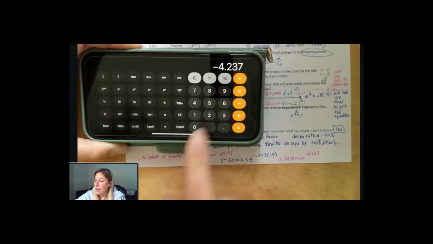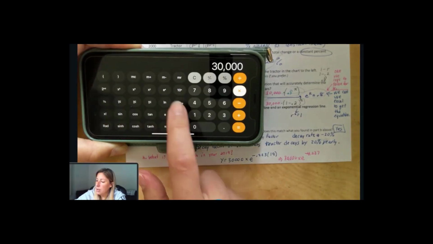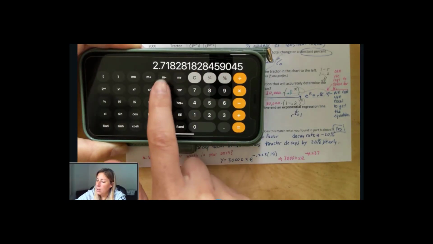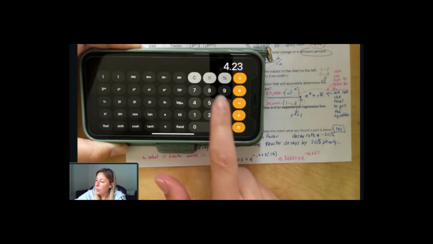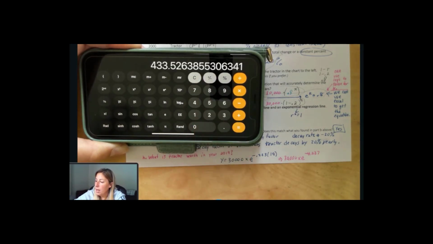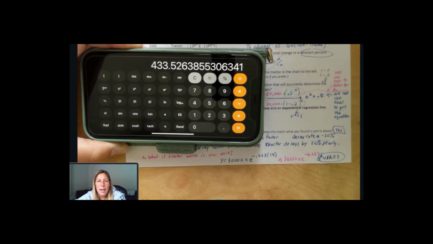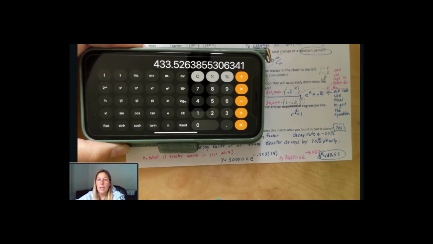I'm going to go ahead and type $30,000 times e to the exponent of negative 4.237. And I should be getting $433.53. So my tractor that's 19 years old is only going to be worth $433.53.